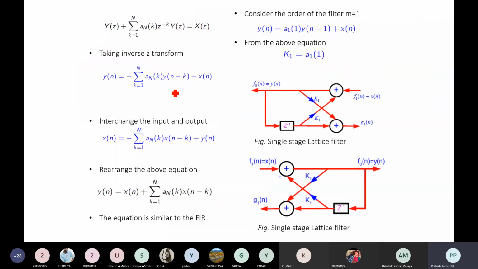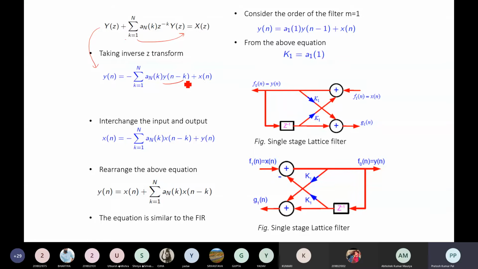From there, if we take the inverse Z transform, it will be y of n equals, with this term taken onto the right hand side, minus summation k equals 1 to n of an k, that is z to the minus k, Y of z. So after taking the inverse Z transform, it will be y of n minus k.